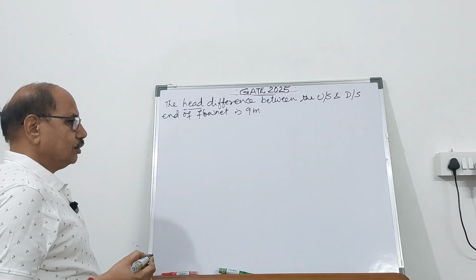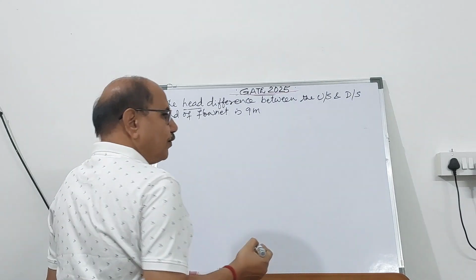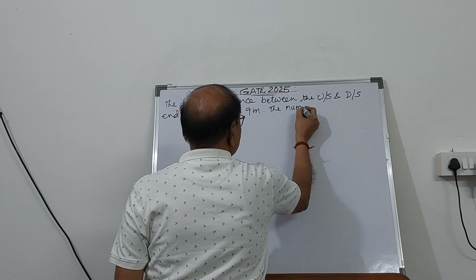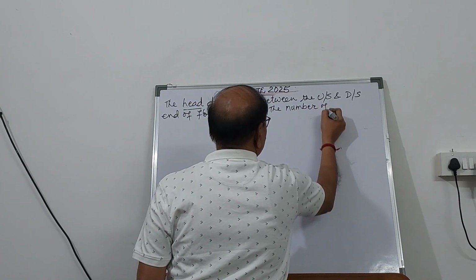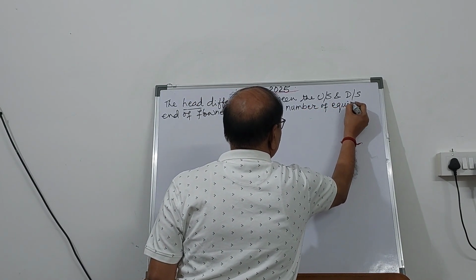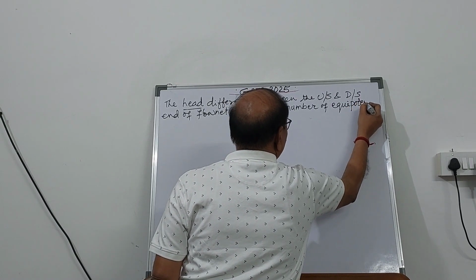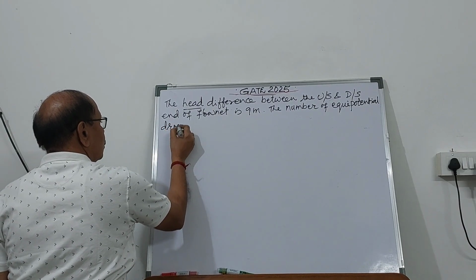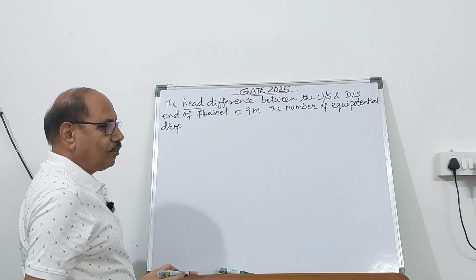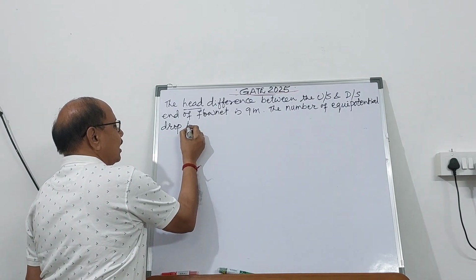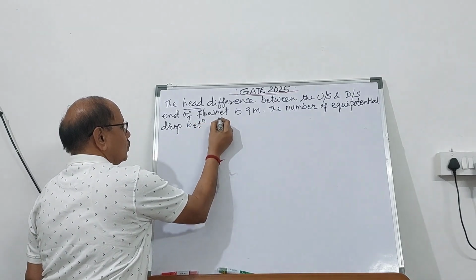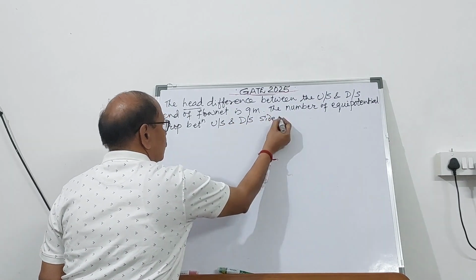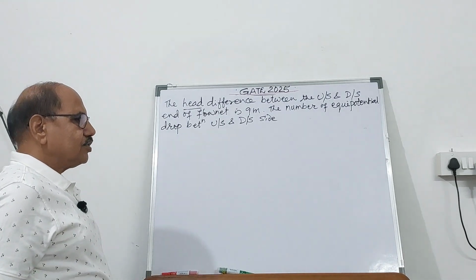So the number of equipotential drops between upstream and downstream side is 10.